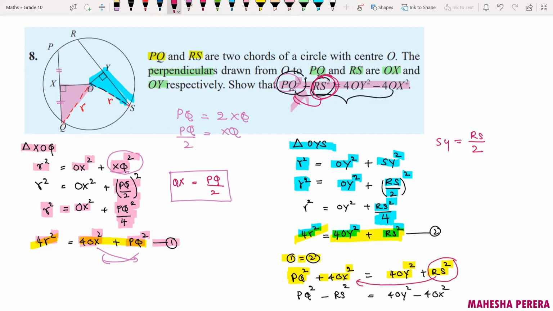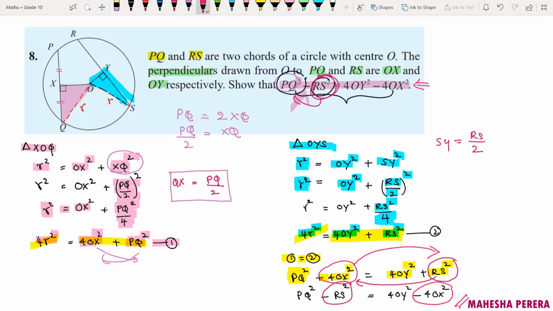So it will become minus RS squared. Then this term, plus 4OX squared, I'm going to transfer to the right side, so it will become minus OX squared. Now we have arrived at our answer. This is our answer. We got the exact answer.